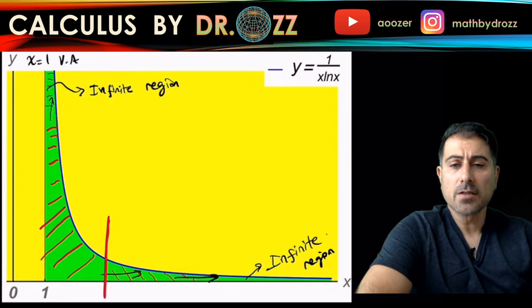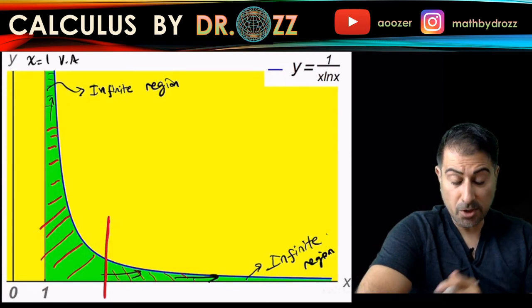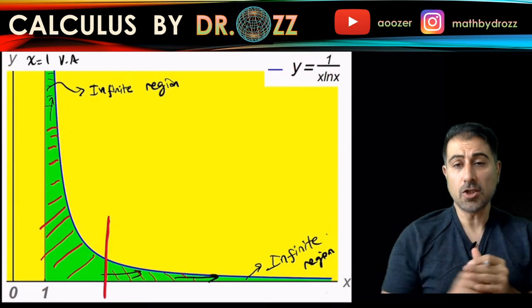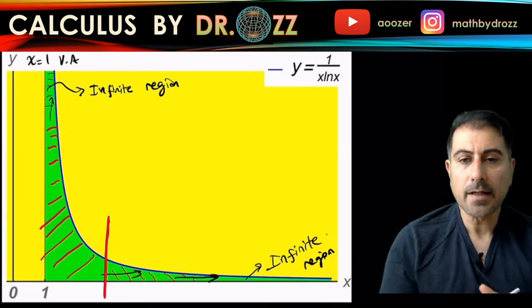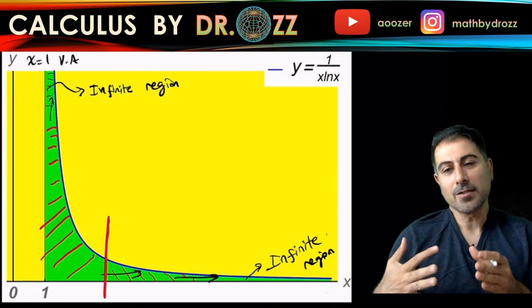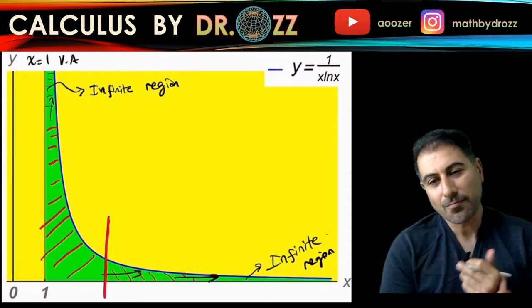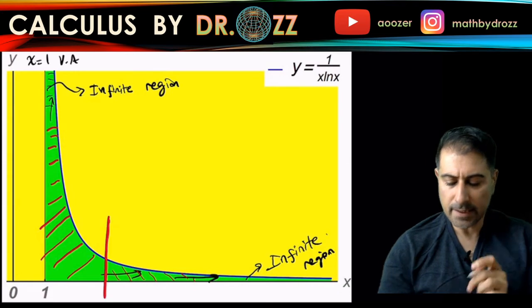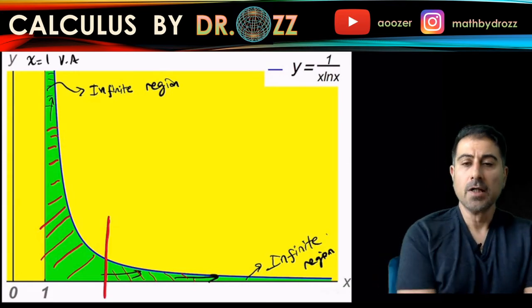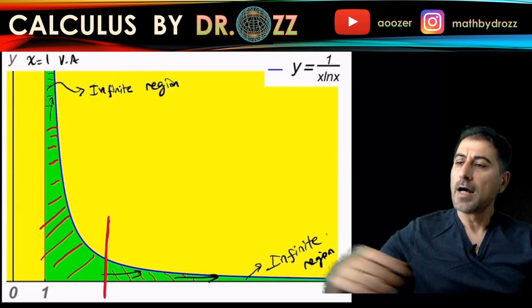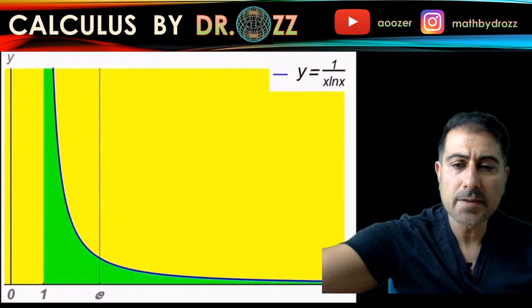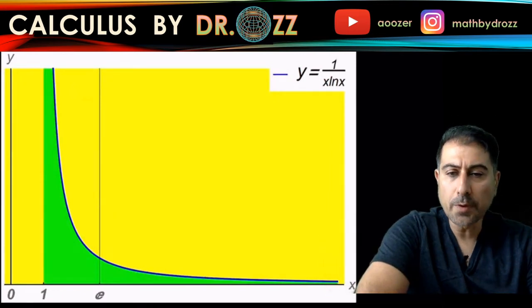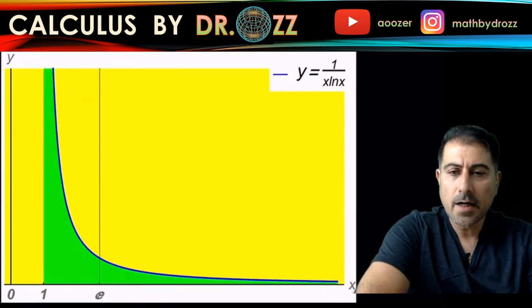I would split this region into two parts so that I can attack each part separately. The question is, where should I split? I'm going to go with x equals e, and that's my next slide. Right at x equals e, I split the region into two parts, as you see.